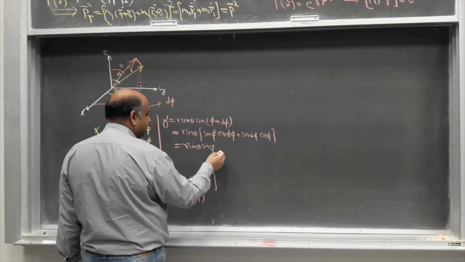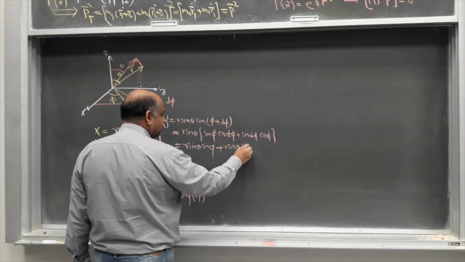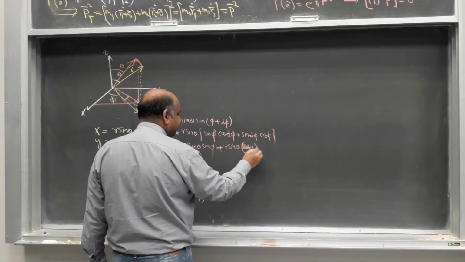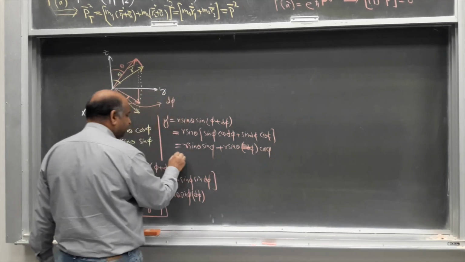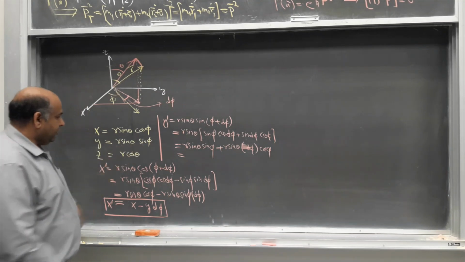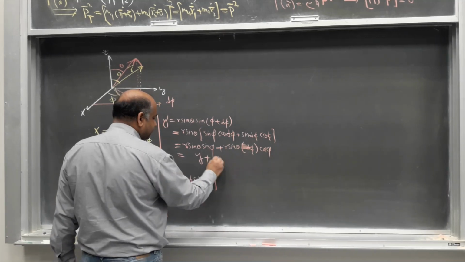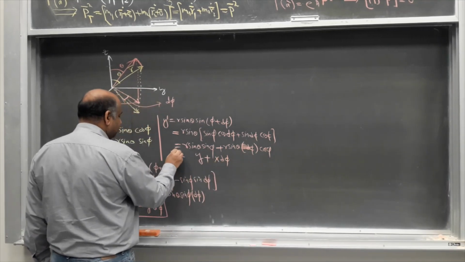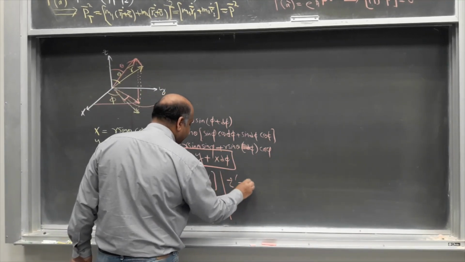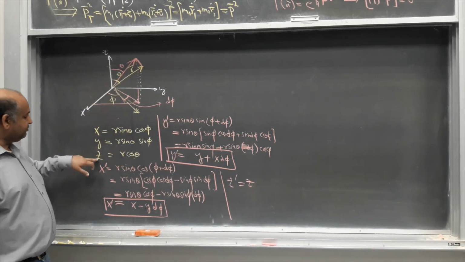This cos d phi is roughly 1 when d phi is small, and sine d phi can be approximated as just d phi. So r sine theta sine phi is the old y, and r sine theta cos phi is the old x, so y prime becomes y plus x d phi. And z prime remains z because theta doesn't change.